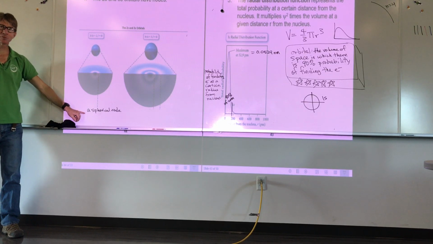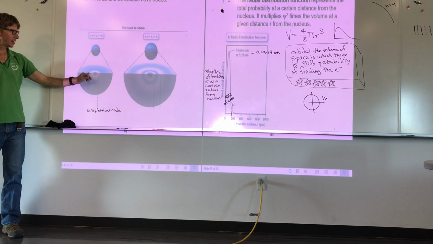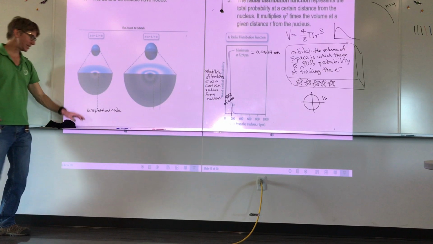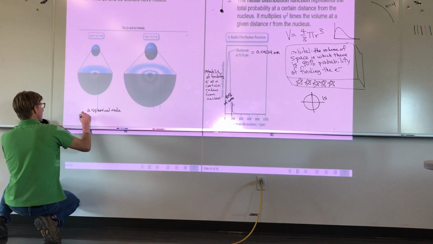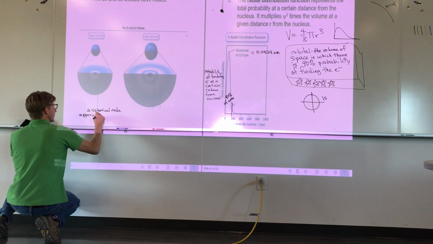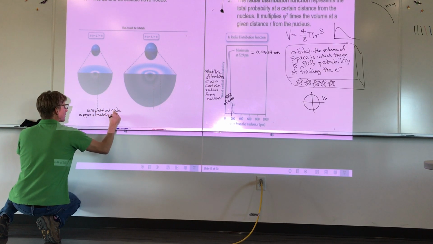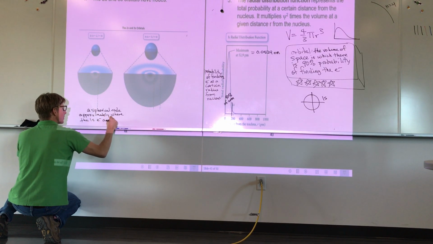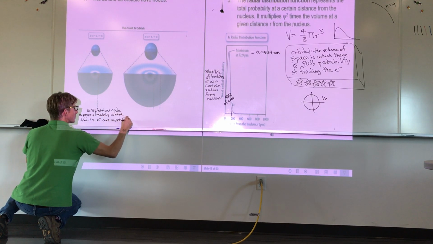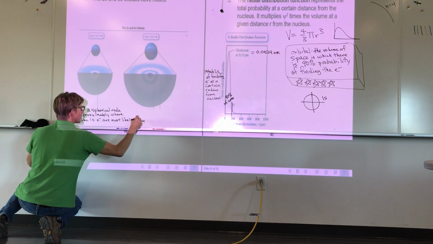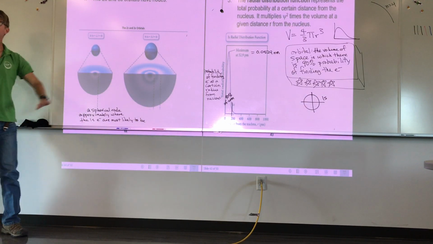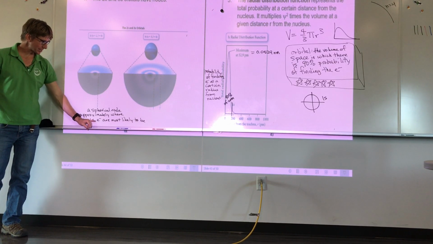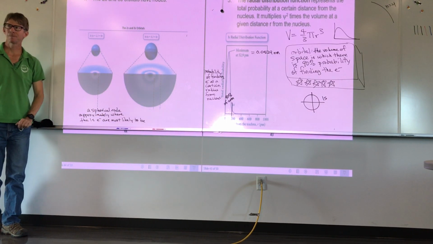What I'm going to write right here is a spherical node approximately where the 1s electrons are most likely to be.